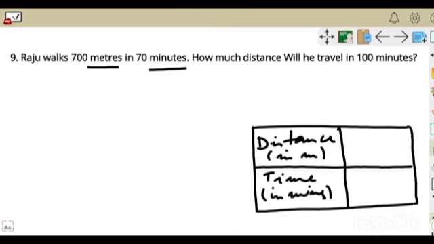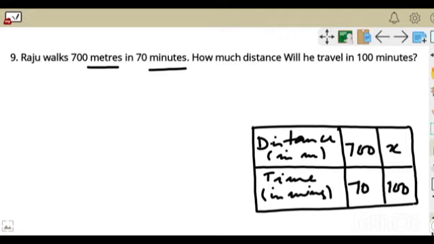Okay, so in 70 minutes he can travel how many meters? 700 meters. Okay, so if he travels for 100 minutes, then how much distance can he cover? We don't know that, so I'll just keep here x.